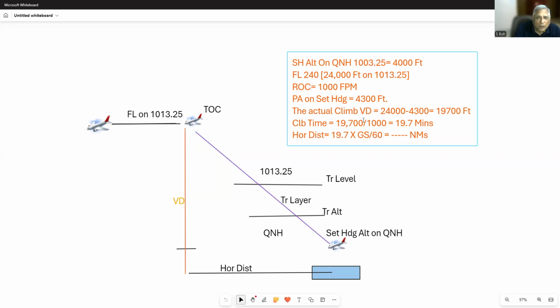And 19,700 divided by 1,000 feet per minute rate of climb, my time will be 19.7 minutes. How much horizontal distance will I cover during this time? Time into speed is the distance.